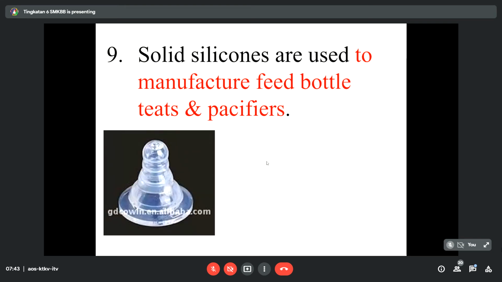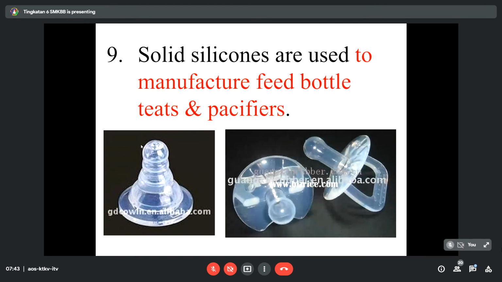What do you mean by pacifiers? Pacifier is normally for who to use? It's quite similar to this one. Everybody had one when you were kids last time. And then pacifiers.